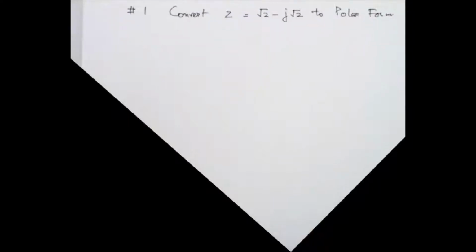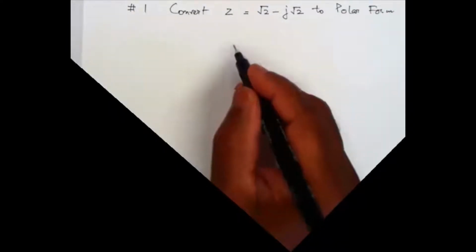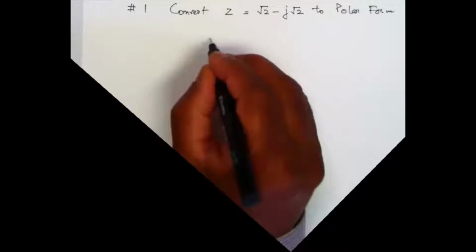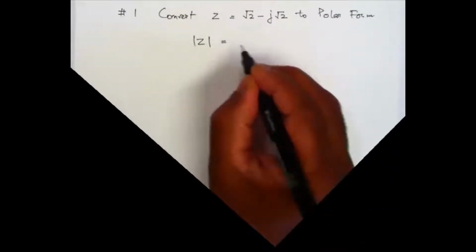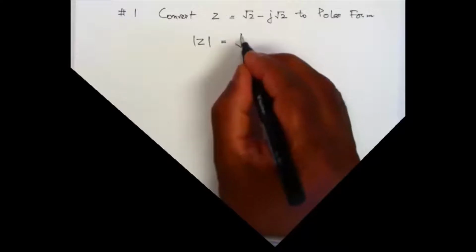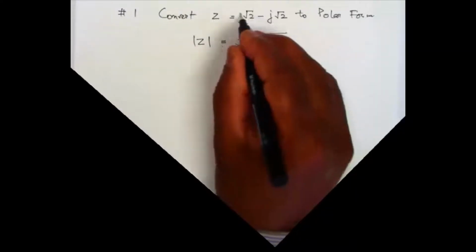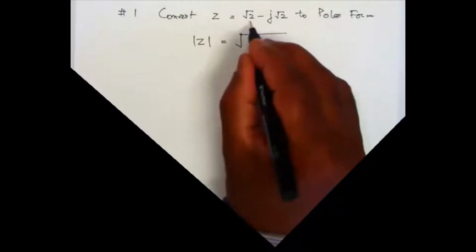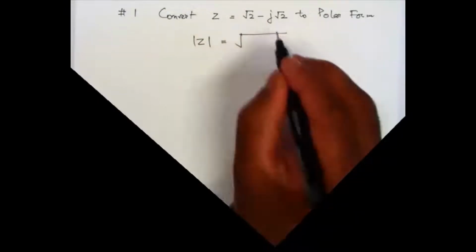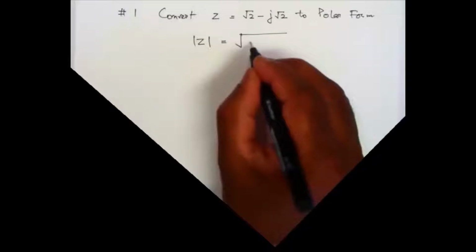So let's see how we can do this one. First we have to find the modulus of z, which is simply the square root of the real number and the imaginary number, the square root of the addition of the squares of these two.